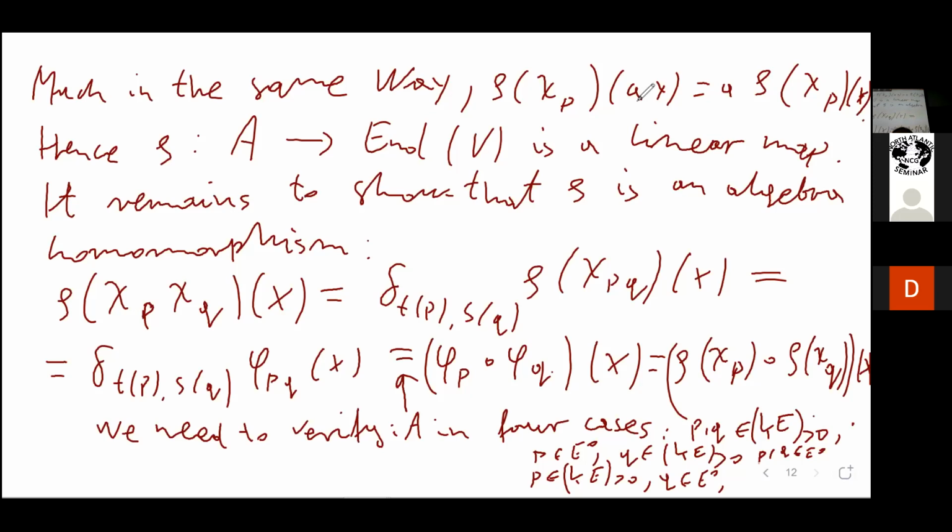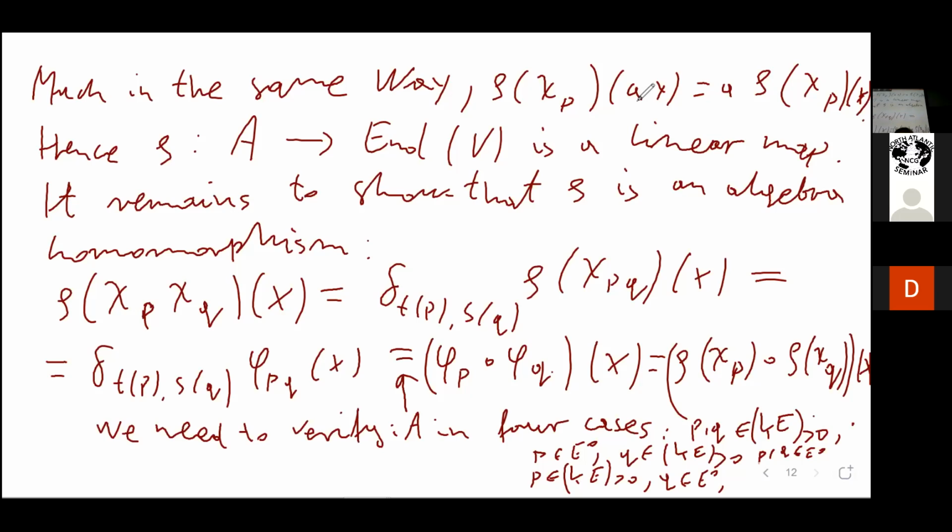Now, if X is in V_Q, then phi Q is just the identity on X, it does nothing. And then I have phi P applied to X, and that's the same on the right-hand side, because PQ is equal to P, so phi PQ is phi P. And I have phi P of X equal to phi P of X. Okay, so it was actually more complicated than I thought, so I'm happy that I checked it out.